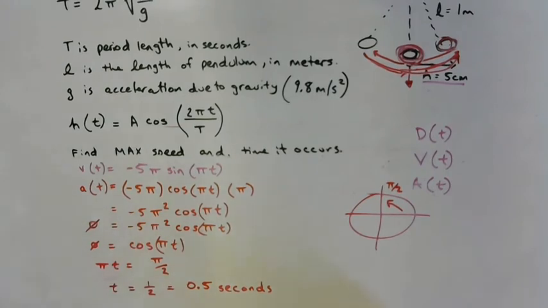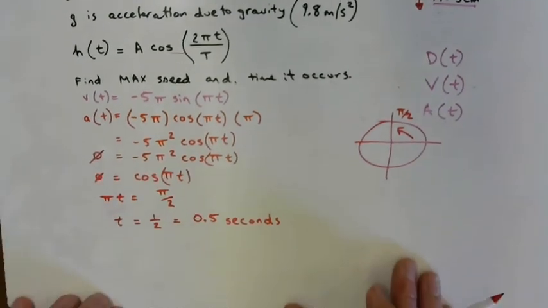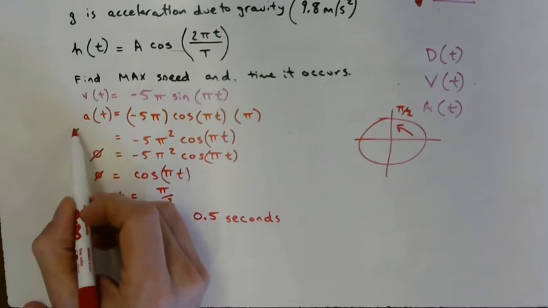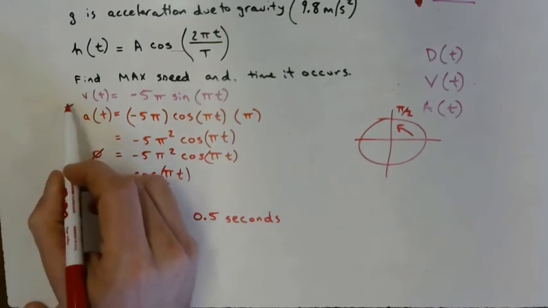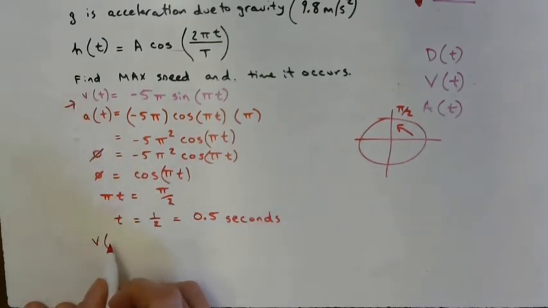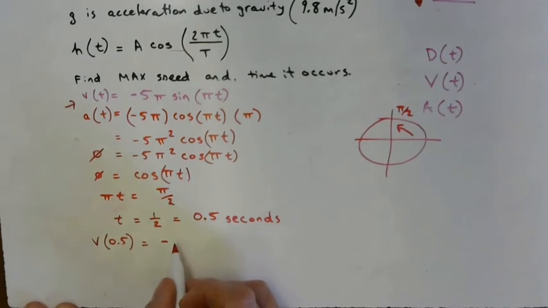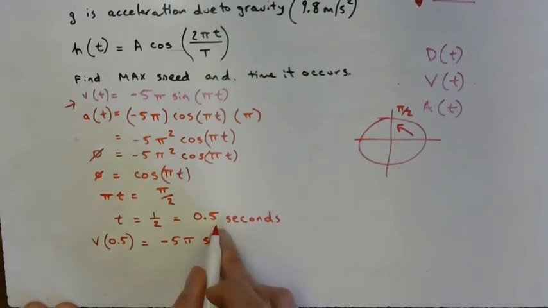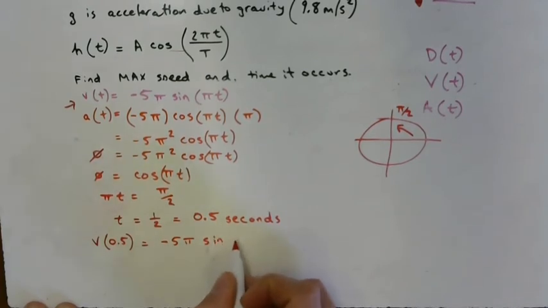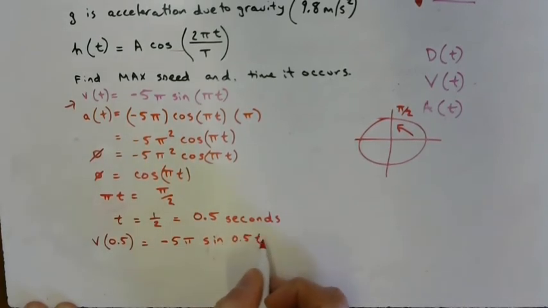Then to find out what that speed actually is, we're looking at our velocity function. So we're looking for v of 0.5 or v of 1/2. Sub that in, we get negative 5 pi times the sine of 0.5 t. Actually, you don't even need your calculator.